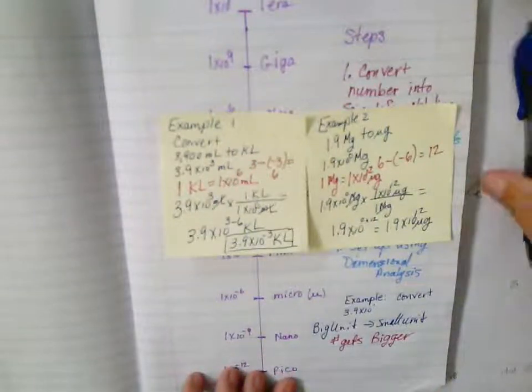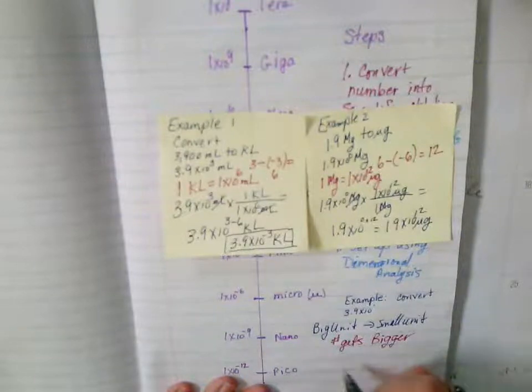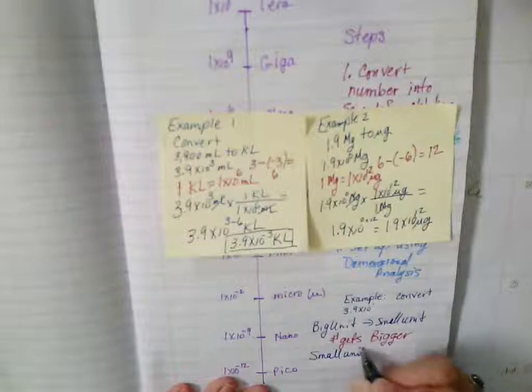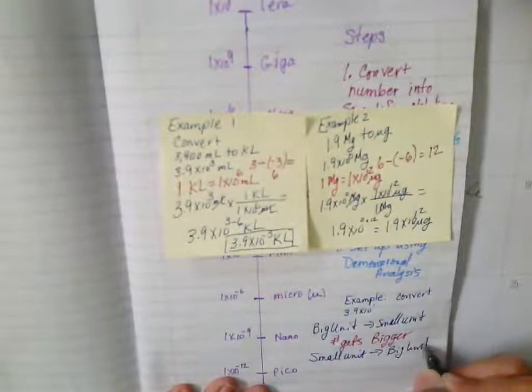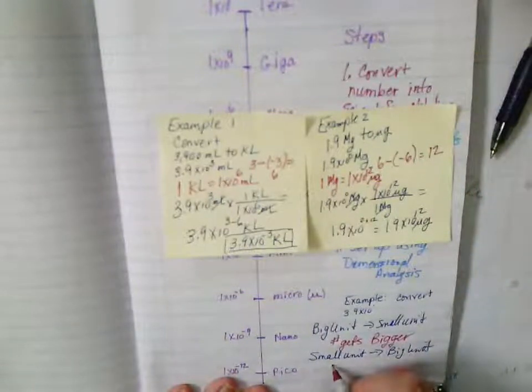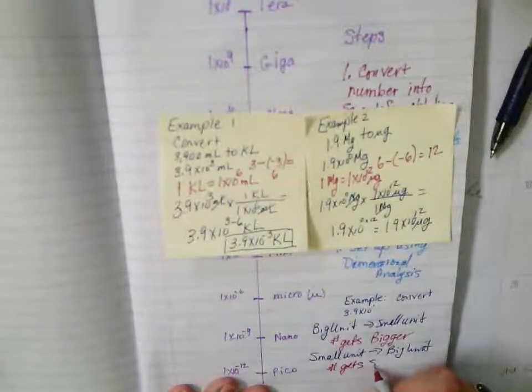But if we go from a small unit to a big unit, what's going to happen to our number? Our number gets smaller.